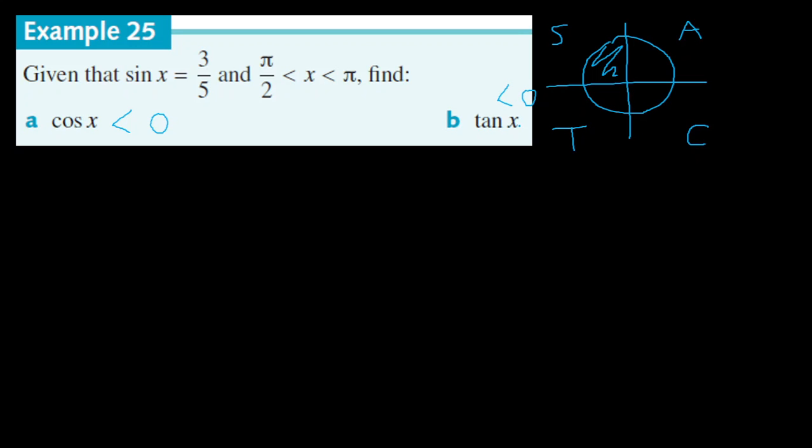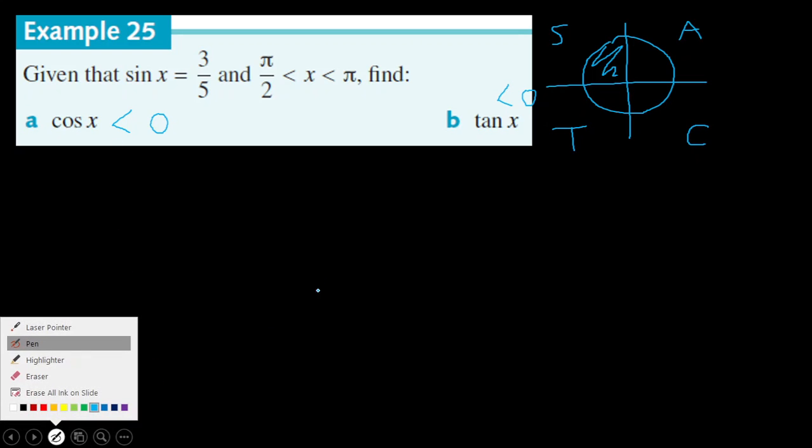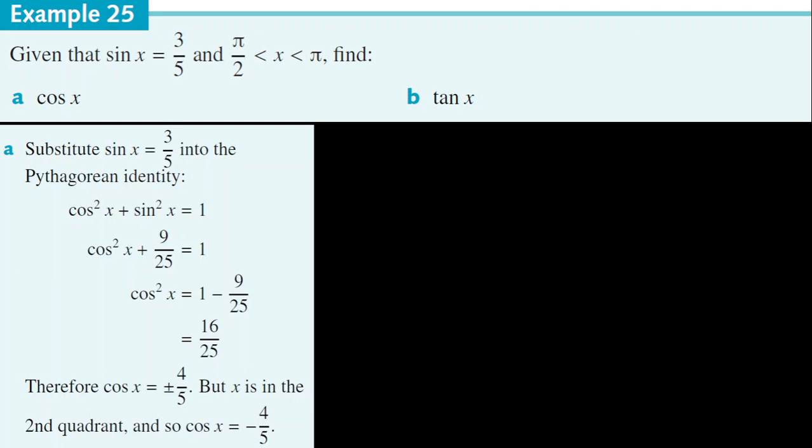Do keep that in mind. If you get the wrong sign for the answer, then you lose all your marks. So how do you determine cos? You're going to use the Pythagorean identity. Using the Pythagorean identity, you substitute sine of x with 3 over 5, you square it, you make cos squared the subject, and you get cos squared is that amount.